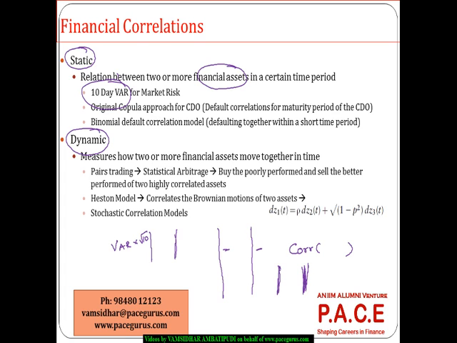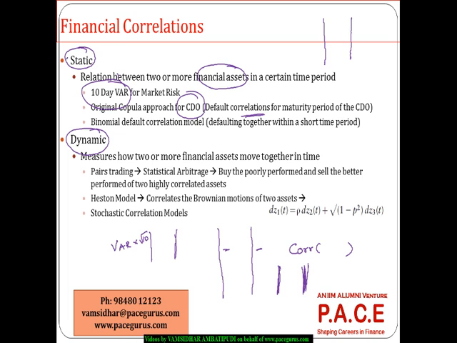So probably even when we are talking about the original Copula approach for collateralized debt obligations, the default correlations are calculated for the entire maturity period of the CDO. It's not for today, tomorrow changing.